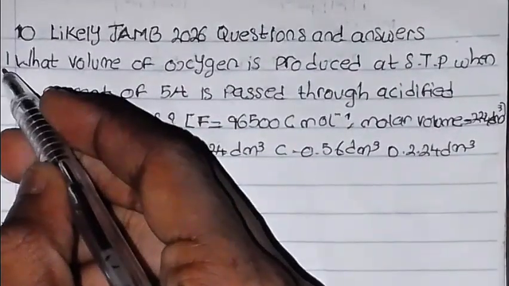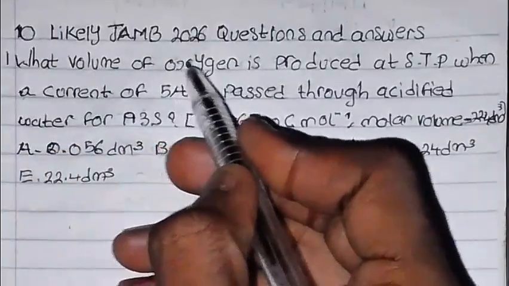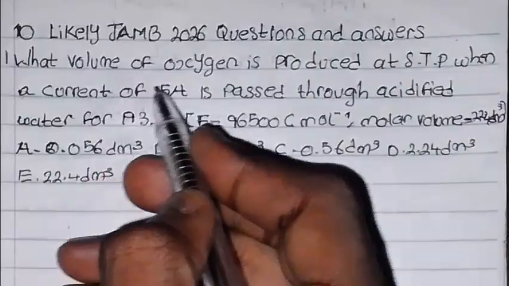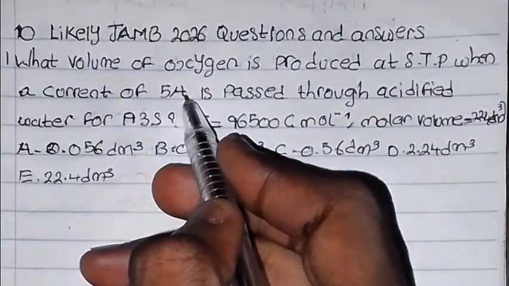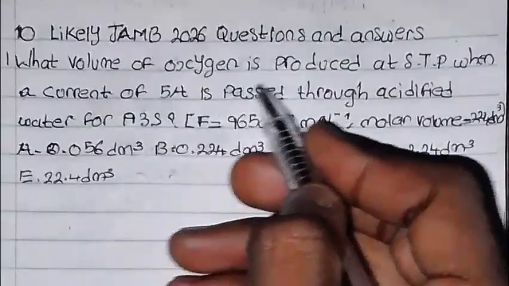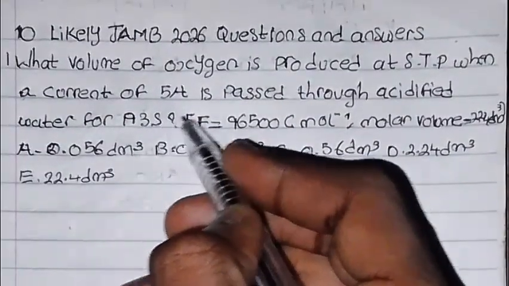So question 1 says, what volume of oxygen is produced at s.t.p. when a current of 5 ampere is passed through acidified water for 193 seconds?